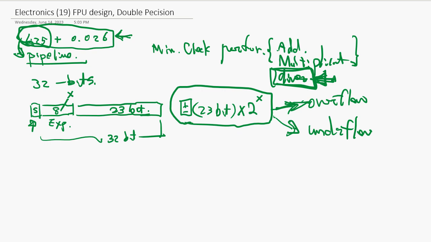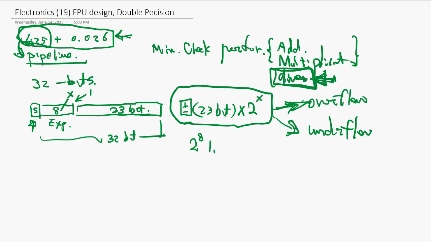Okay, and let's think about what the largest number is. Of course this is it, right? And for the 23 bits, actually the 23 bits assume a 1 in front, which is not expressed. So this is a format defined by IEEE.